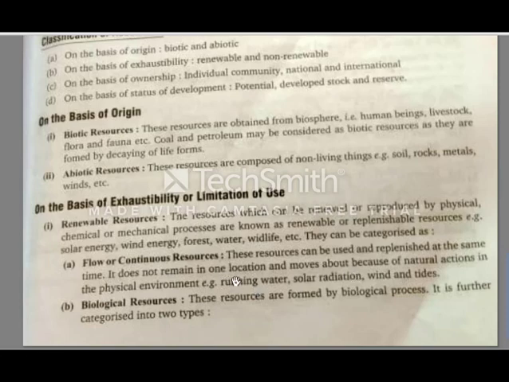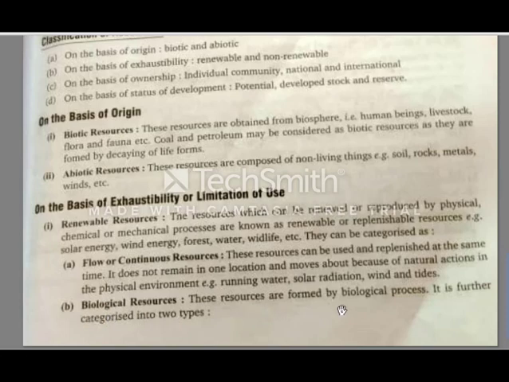For example, running water: because of running water, the resources also move from one place to another. Solar radiation, wind and tides occur according to their situation and atmosphere change.